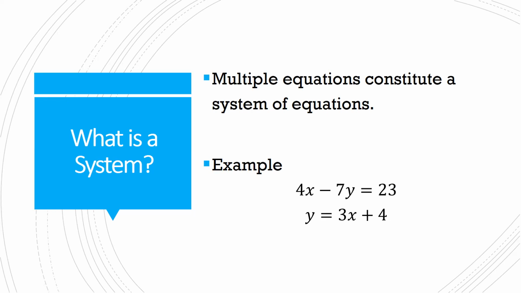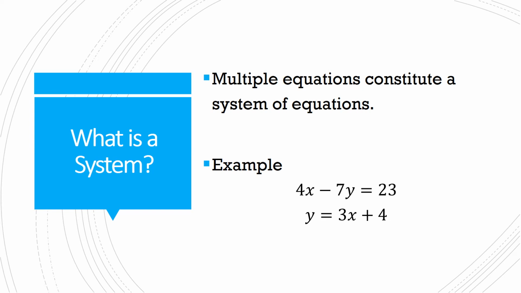Now, to transition from a linear equation to a system of linear equations, a system of linear equations is simply multiple linear equations. So it's as simple as that. When we have a bunch of linear equations together, that is a system of linear equations.